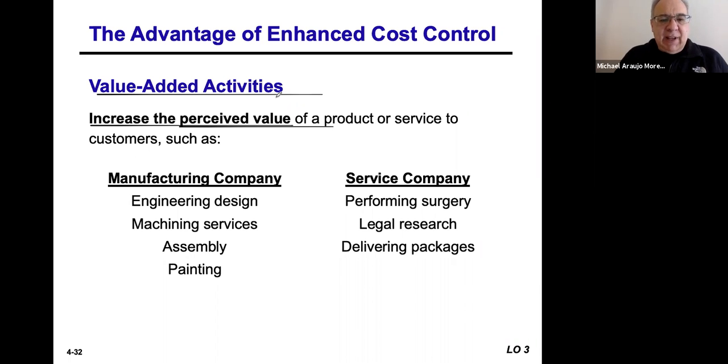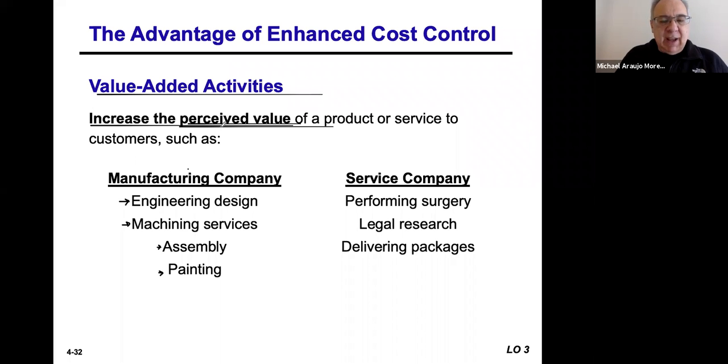So what activities increase the value to the customer, right, of a product or a service? Well, for a manufacturing company, the type of design of the product would increase, in essence, the perceived value. How it's put together and assembled, how it's painted, et cetera.